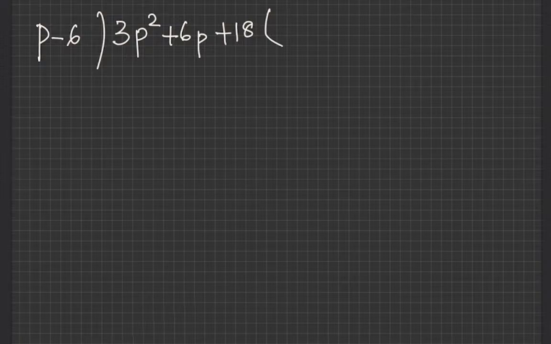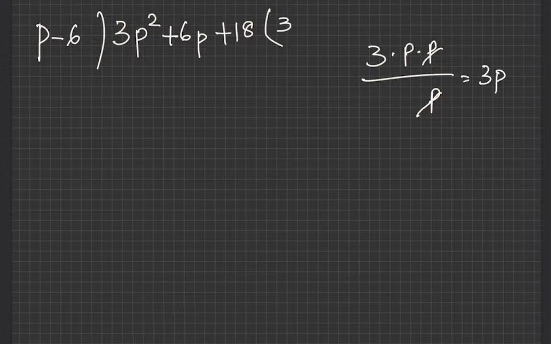Okay, the first term of my dividend is 3p squared, and then the first term of my divisor is p. So 3p squared is nothing but 3 times p times p, divided by p. So this p and this p cancel out, so I'm left with 3p.